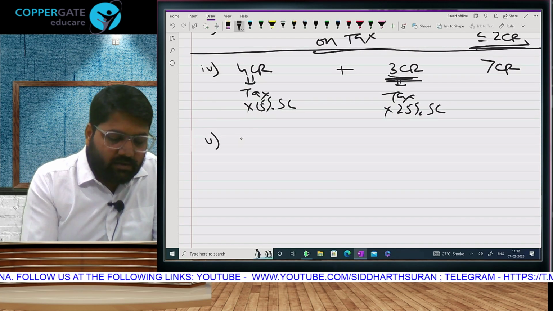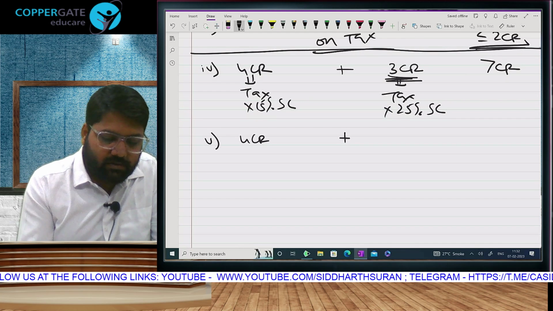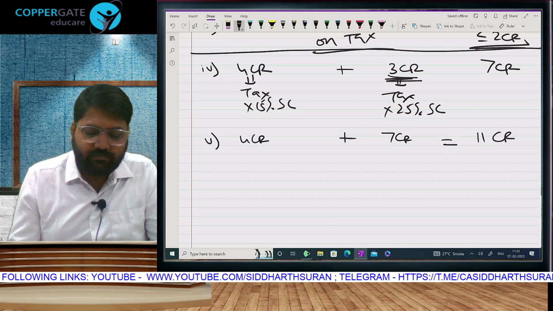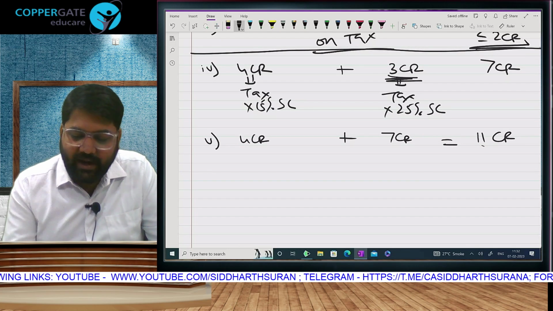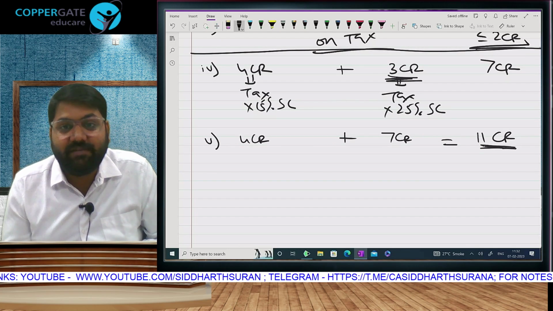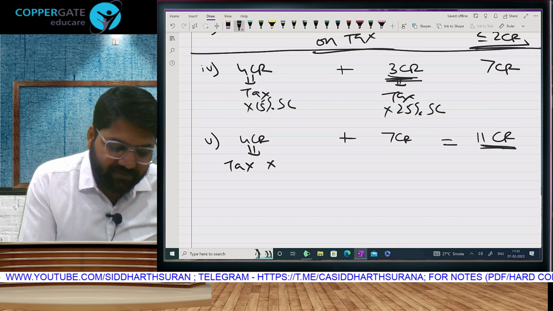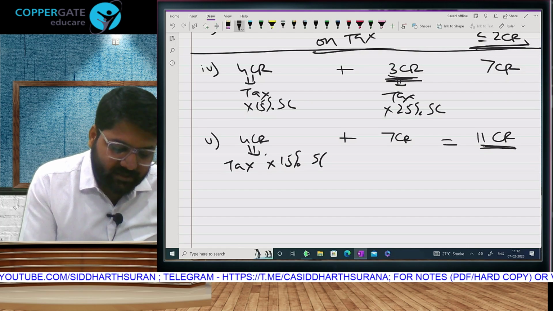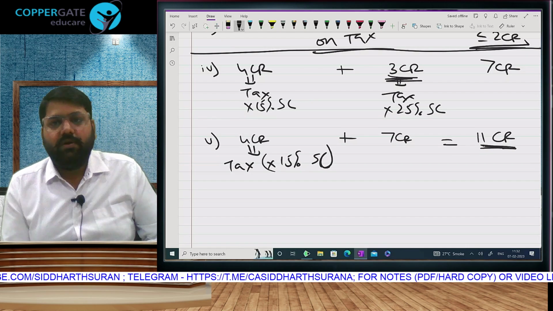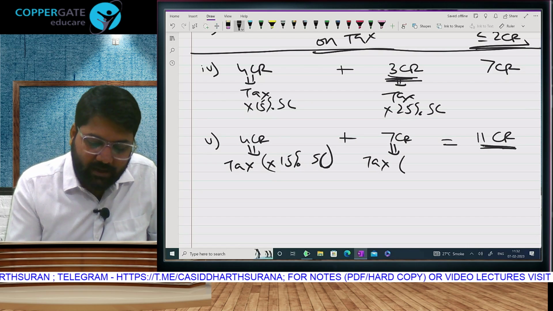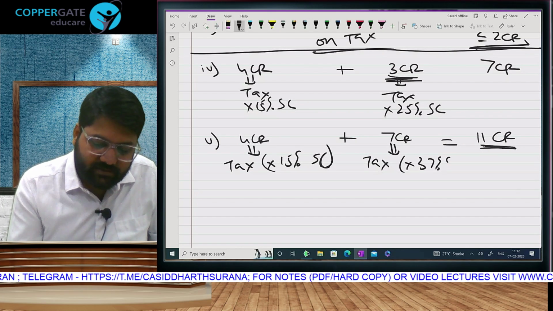Supposedly, this was 4 crore, this was 7 crore, total is 11 crore. By looking at 11 crore, our answer comes as 37% surcharge. No, on this tax we will apply only 15% surcharge. On this tax, you can apply 37% surcharge.